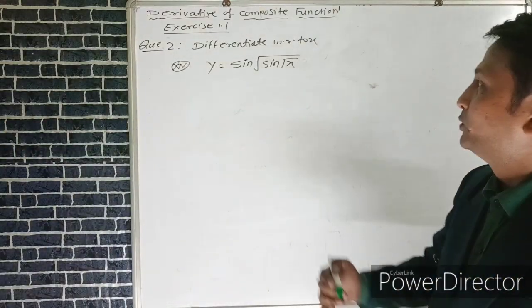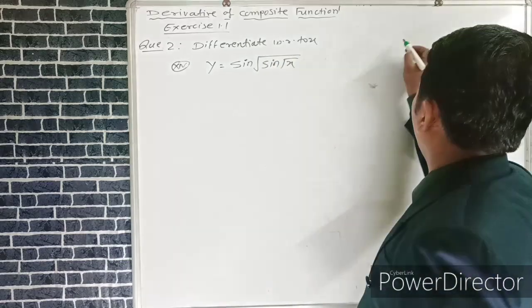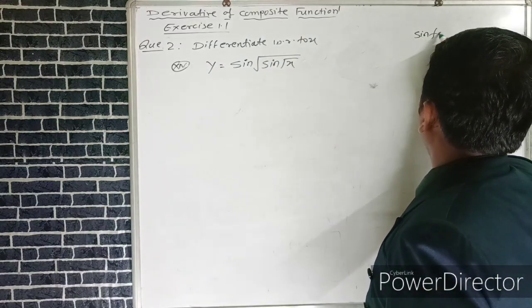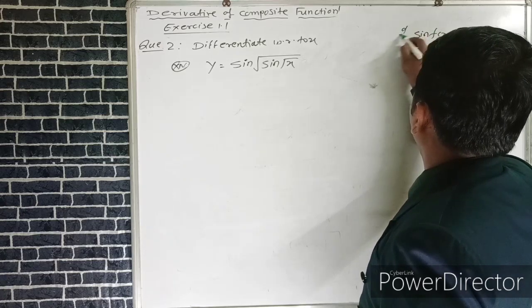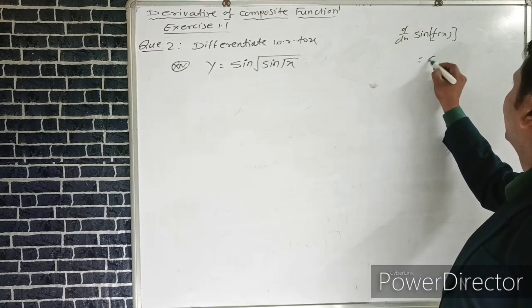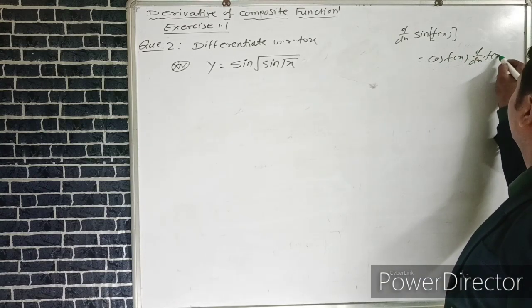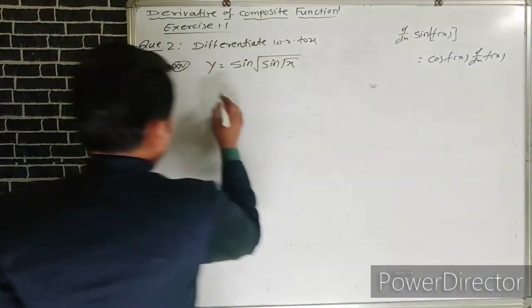This is a composite function in the form of sine of f(x). If we apply the derivative of sine of f(x), then we can write cos of f(x) into again the derivative of f(x). Similarly, we can write here.